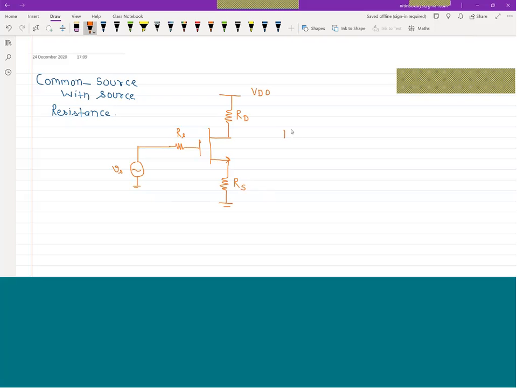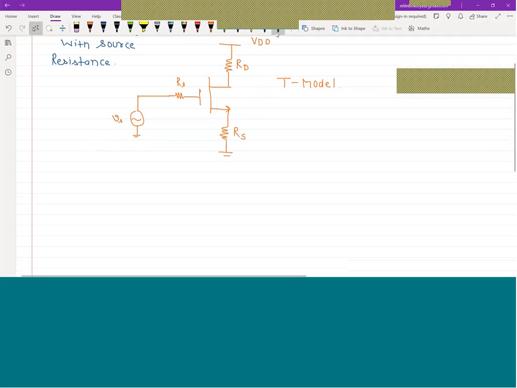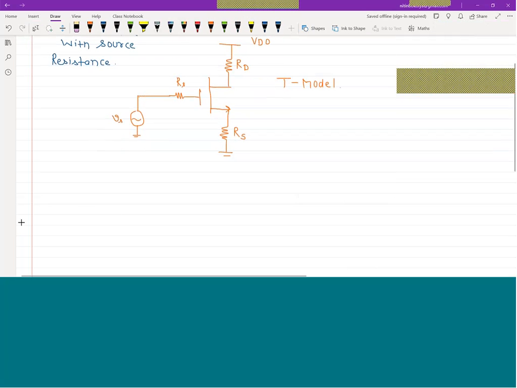We can use the T model to analyze the circuit. The first terminal is the gate terminal, so let's draw one gate for analysis of this.